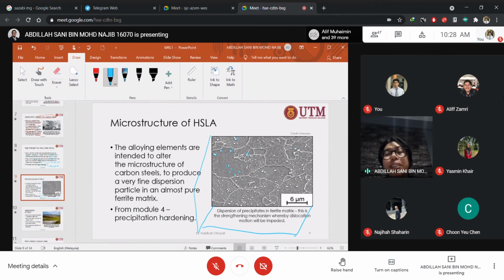So this precipitate strengthens the material because it hinders the dislocation movement. This is back to, I think, module 4, right? So how it is formed, we discussed this quite a few times already, but I just want to revise.